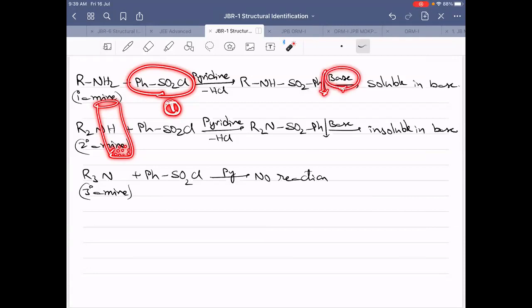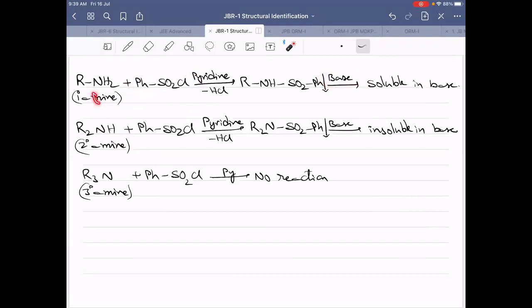And when you added the base as a second reagent, the precipitate disappeared and became a clear solution. That indicates first a formation of precipitate with the Hinsberg reagent, and then its getting dissolved by addition of NaOH or KOH will indicate that the given compound is a primary amine.